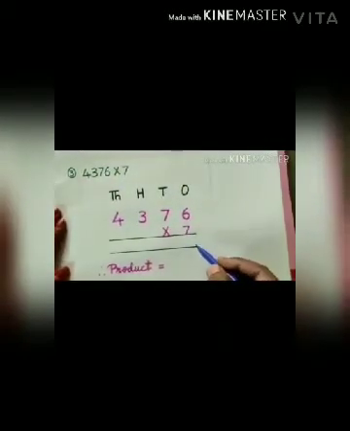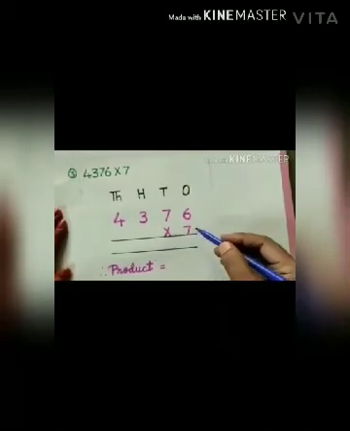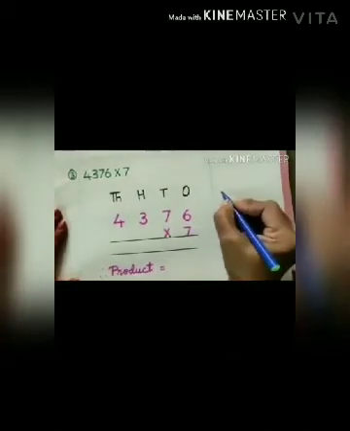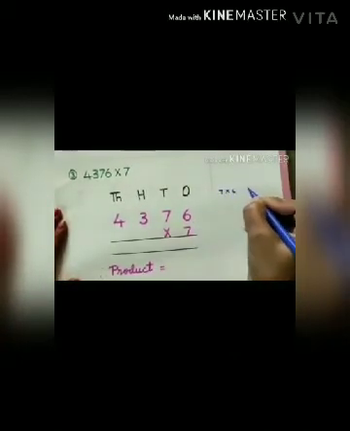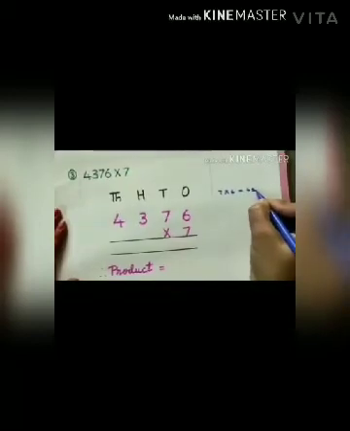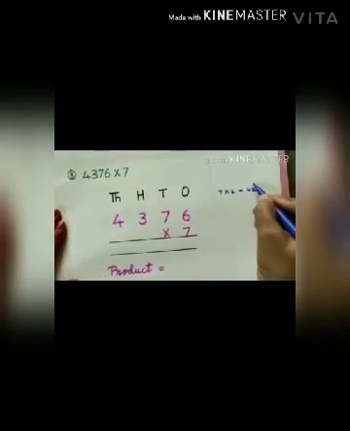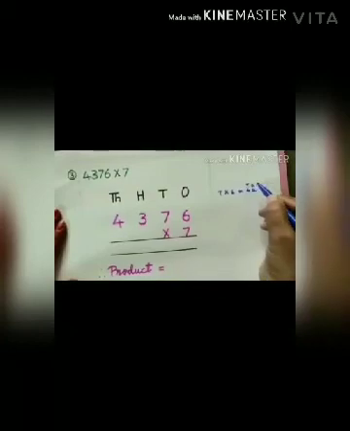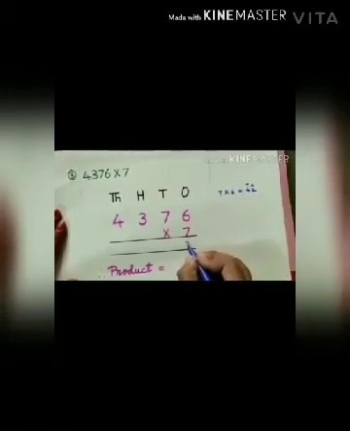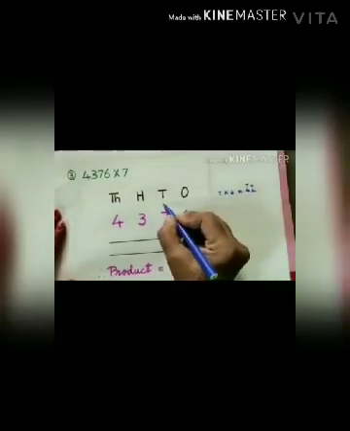Always start multiplication from ones column. 7 into 6, 7 sixes are 42. Above the number write ones and tens. Write 2 in ones column, 4 carry in tens column.